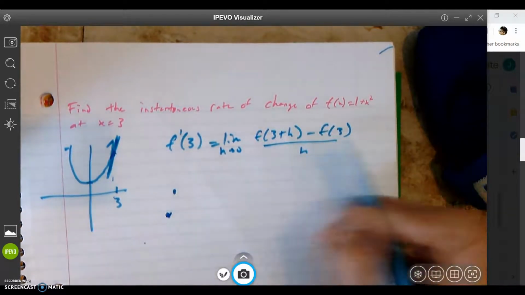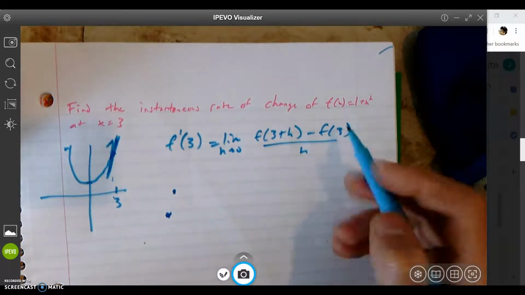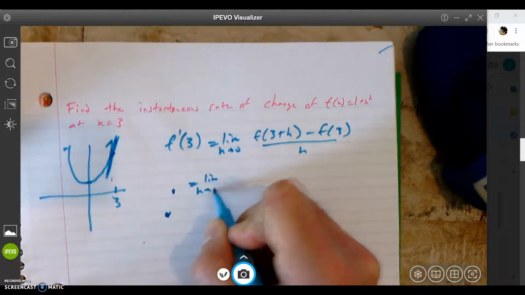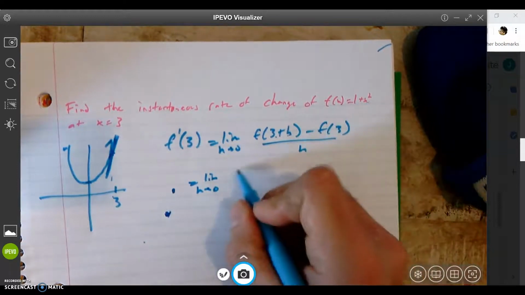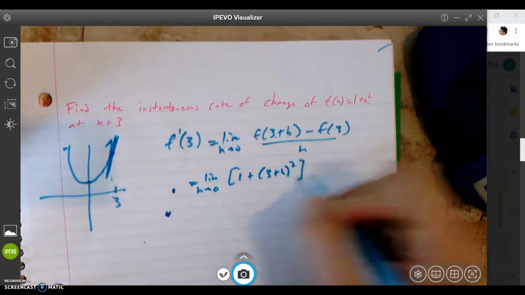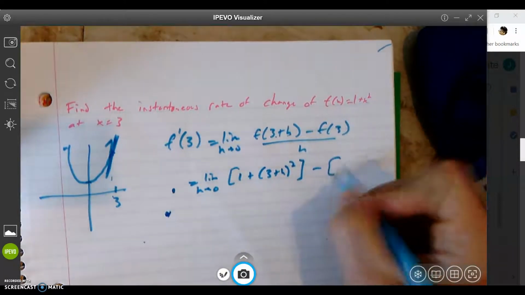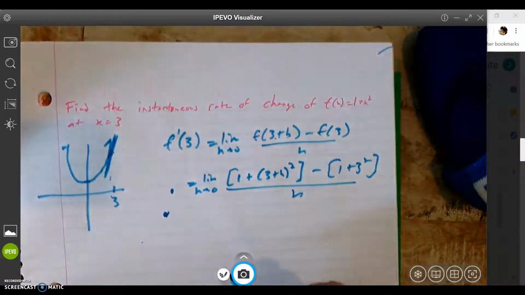In this case, I'm plugging in 3 instead of negative 1 because I'm finding the slope at 3. That's the difference. So now I'm going to plug in the limit as h approaches 0 of f of 3 plus h. So 3 plus h goes in here. So it's 1 plus 3 plus h squared. I plugged in 3 plus h there, minus f of 3, which is 1 plus 3 squared, over h.